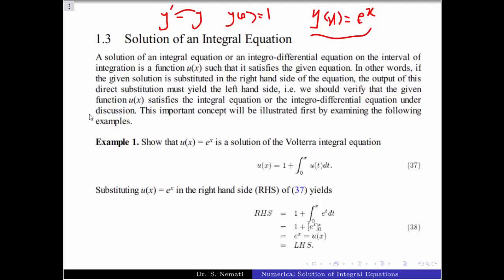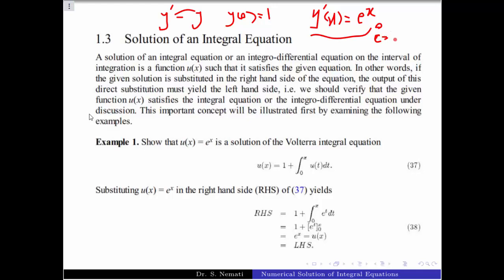If I substitute this function into this differential equation, I will have this equality sign because the derivative of e to the power x is e to the power x. And also you know that when you substitute 0 in it, you will have e to the power 0, which is 1.